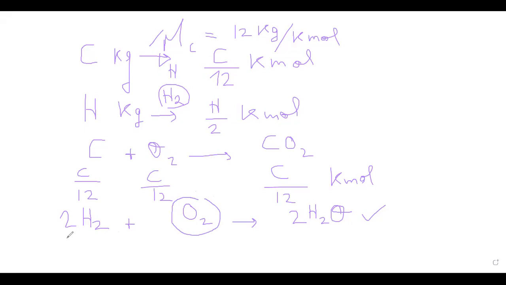So if I have here H over 2 kilomole of H2, I will need H over 4 kilomole of O2 in order to produce H over 2 kilomole of H2O.